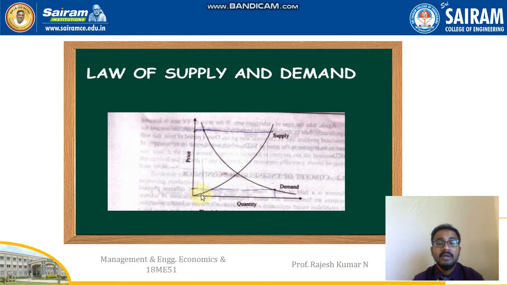If I keep on increasing the quantity, you can see there will be a supply, but the price varies from 5 to 10,000. So almost 90 to 95% of the customers will try to buy this particular product.